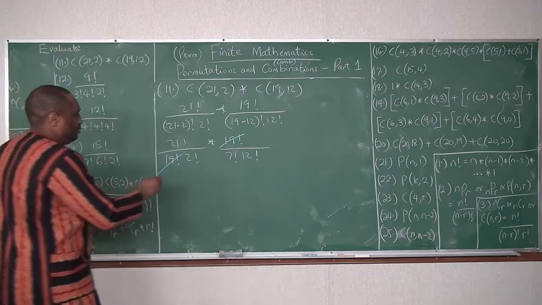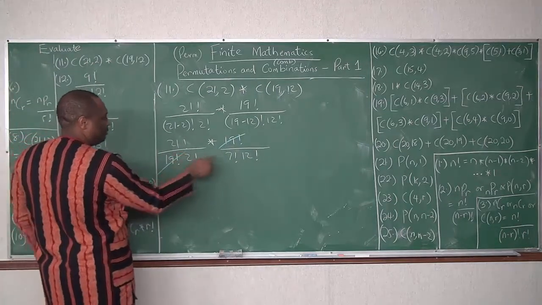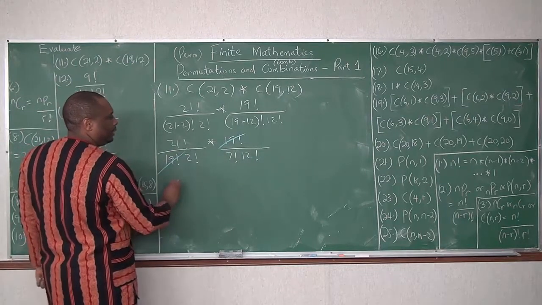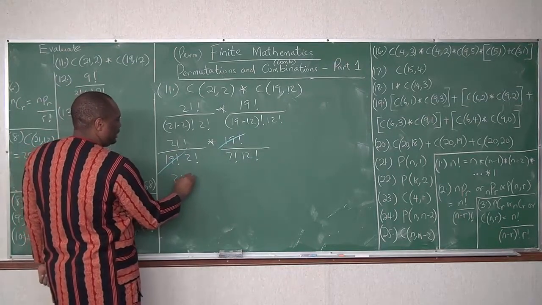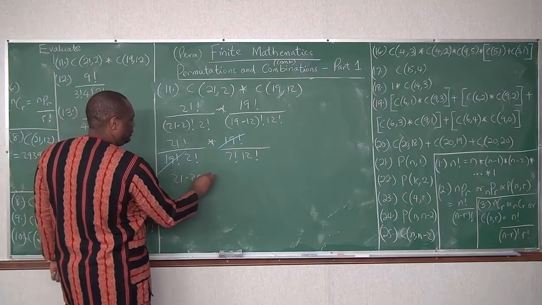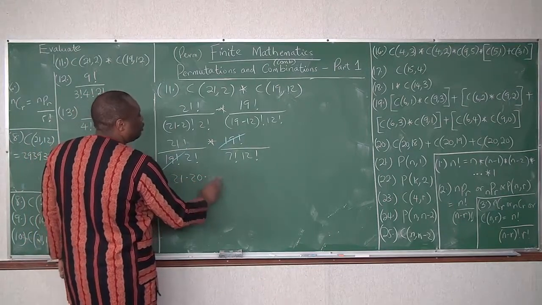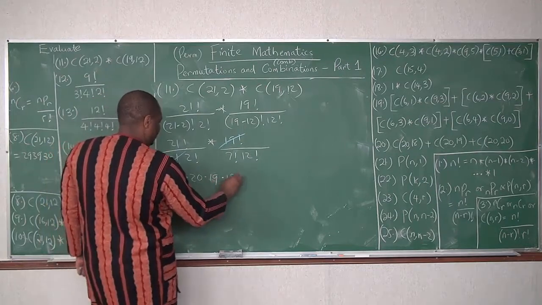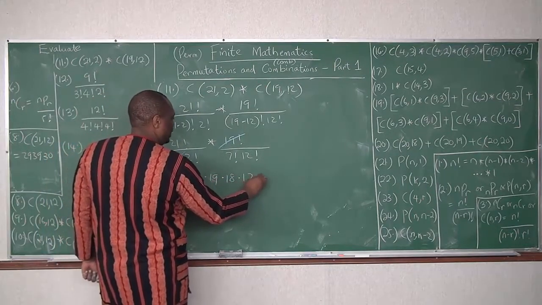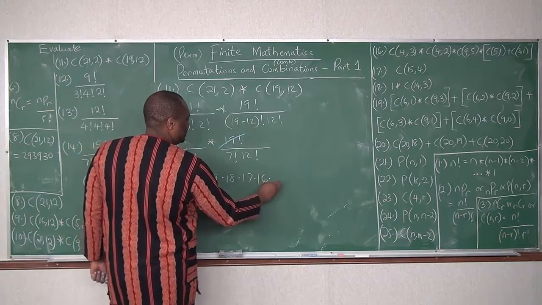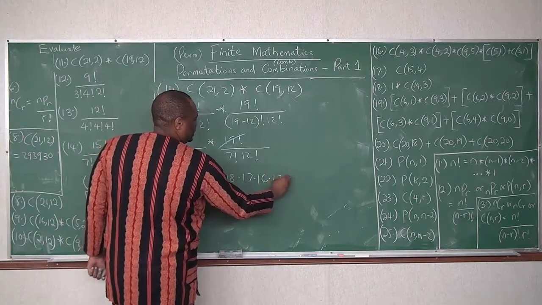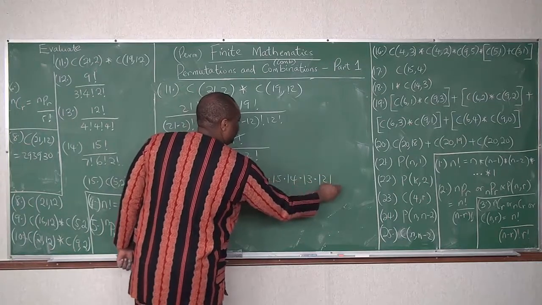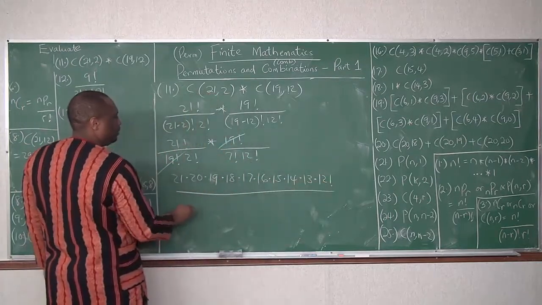So what do we have now? We can stop at 12. So 21 times 20 times 19 times 18 times 17 times 16 times 15 times 14 times 13 times 12 factorial, all over.